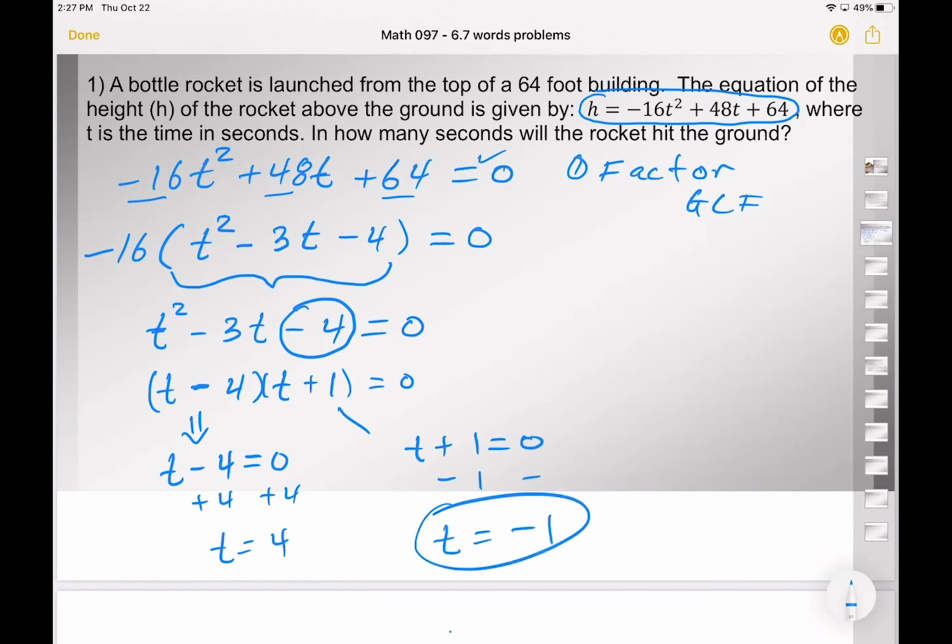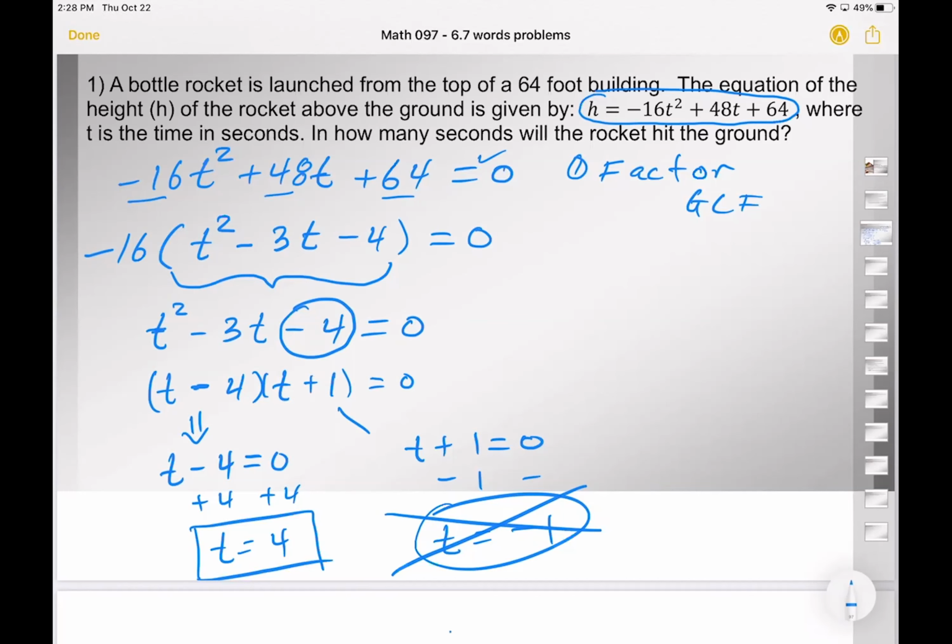And I told you, because of the application problem, because of the word problem, we do not accept a negative answer. The reason is there is no way you shoot up the rocket and it takes -1 second. What does it mean, -1 second, and it hits the ground?